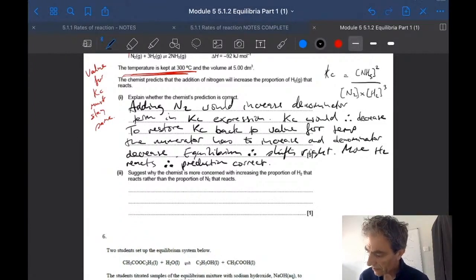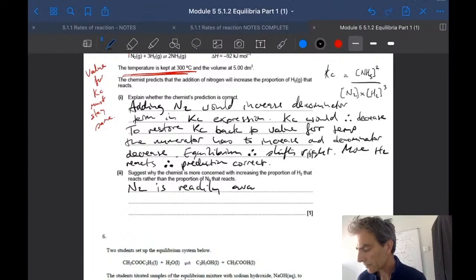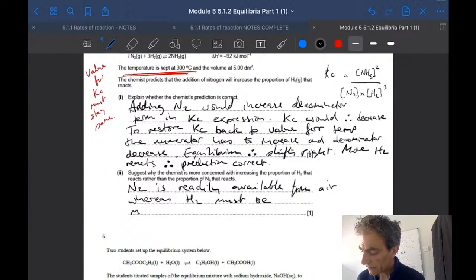So I've written something like that. Nitrogen is readily available from the air, whereas hydrogen must be manufactured.